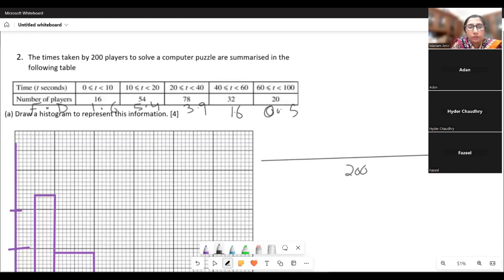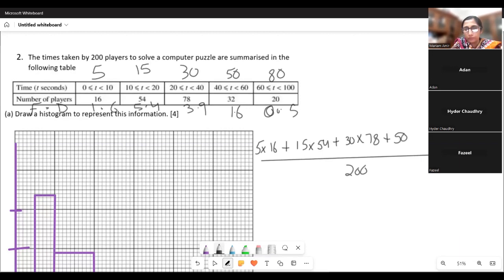So what's the mid value here? 5. Then it's going to be 15. Then 30. Then the mid value is 50. And then the mid value is 80. So 5 times 16 plus 15 times 54 plus 30 times 78 plus 50 times 32 plus 80 times 20.